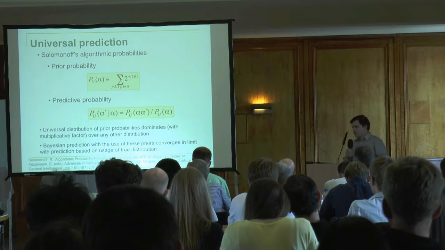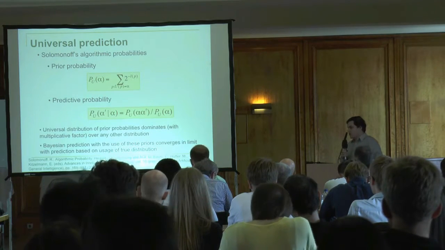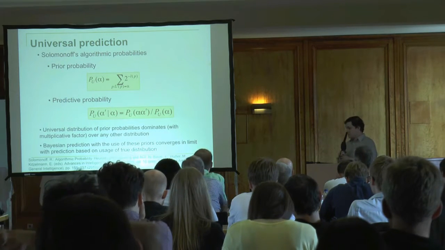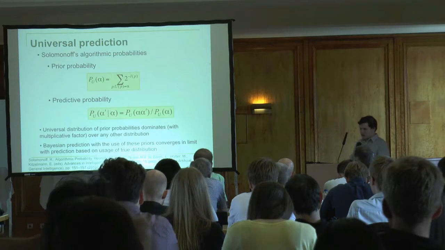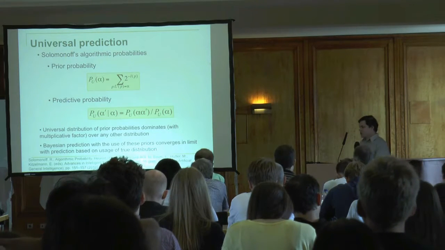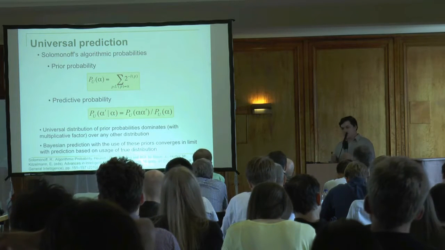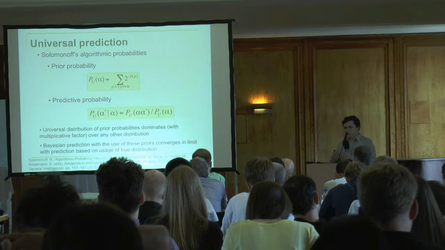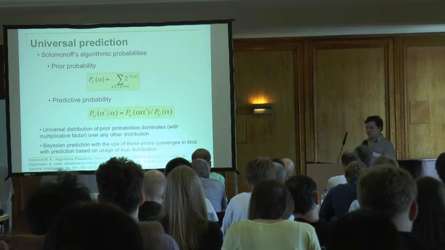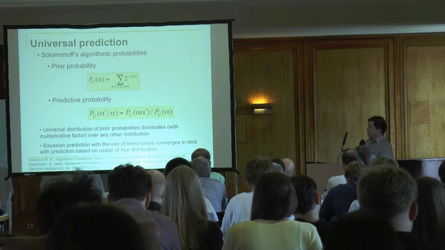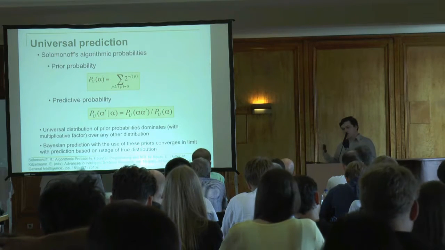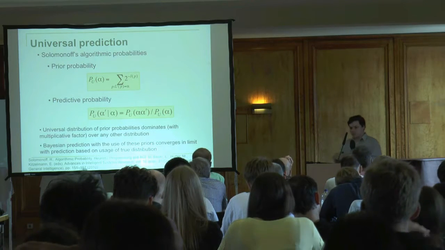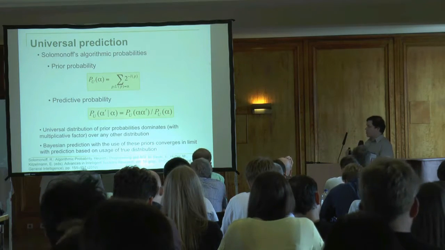I guess all of you or most of you know about universal prediction proposed by Ray Solomonoff, and it extends the idea of Kolmogorov complexity because Kolmogorov complexity can be used to choose one best model, but algorithmic probability can be used to make the best predictions by averaging over all possible models.